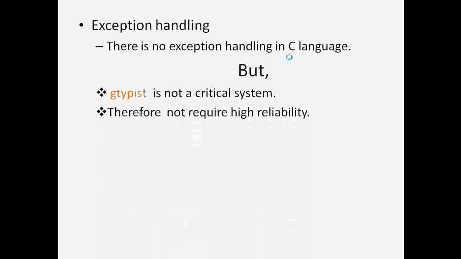So we can say the programmers had used the most appropriate language when talking about the reliability. The second factor is type checking, and C allows type checking, which increases the reliability of the software. Now you know why the implementers of the Gtypist software had used C as their programming language according to the language evaluation.